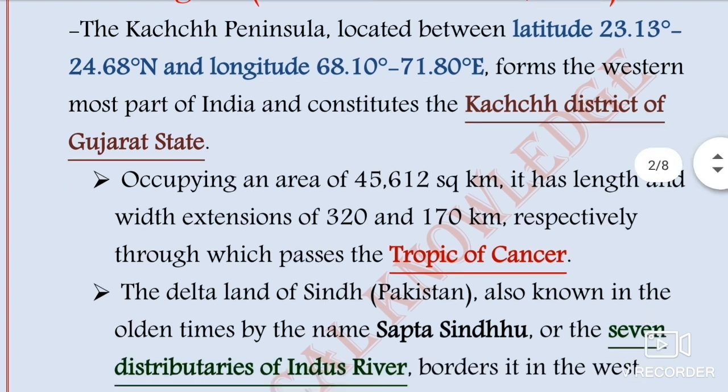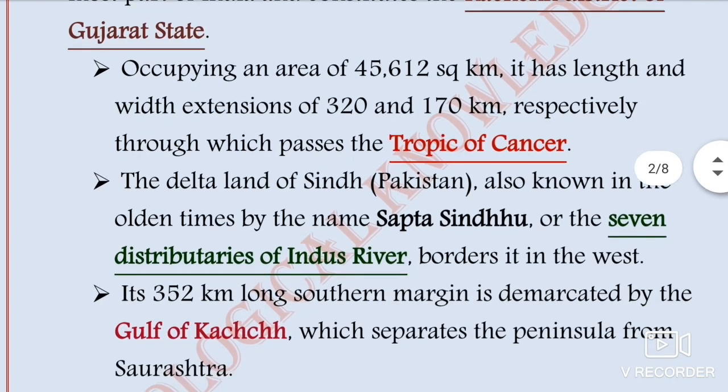The delta land of Sindh, that is in Pakistan, also known in the oldest times by the name Sapt Sindhu, or the seven distributaries of the Indus River, borders the west.